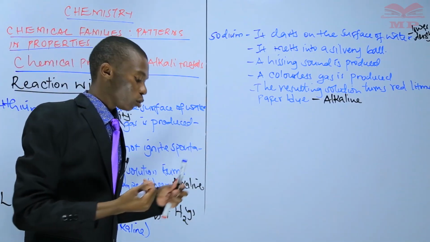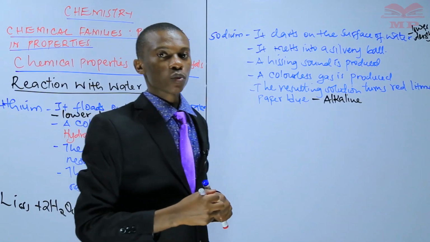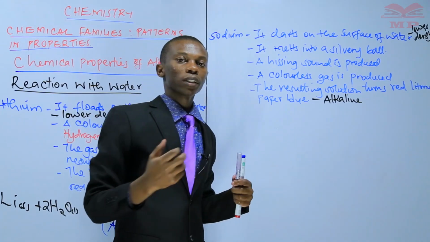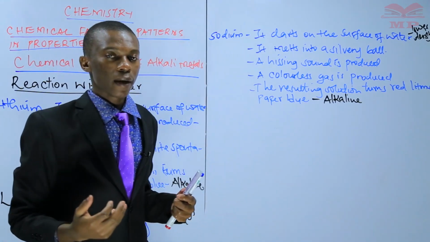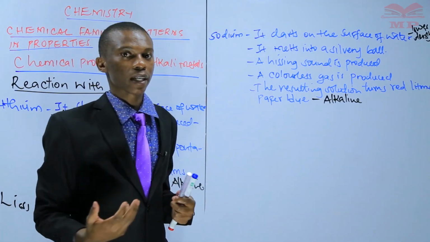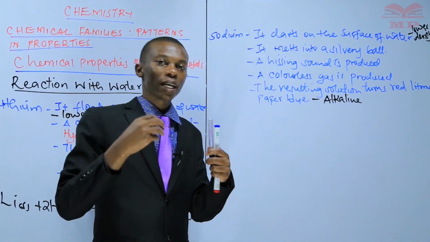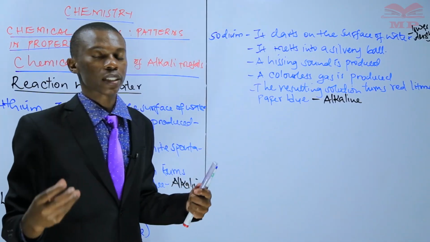Again, it melts into a silvery ball. The reason why it is melting into a silvery ball is because the reaction between sodium and water is exothermic. And being exothermic means that the reaction leads to production of heat.